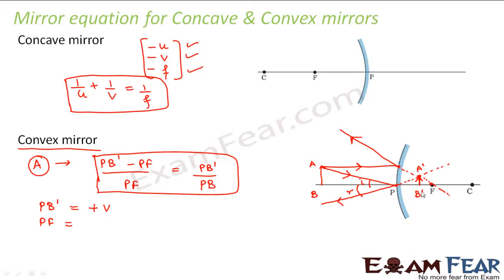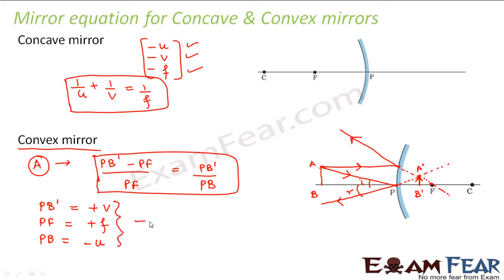PF is the focal length, and the focal length is also positive because it is along the direction of the incident ray. Now what will happen to PB? PB is the object distance, that is u, but PB is in the direction opposite to the incident ray. So this will be negative.